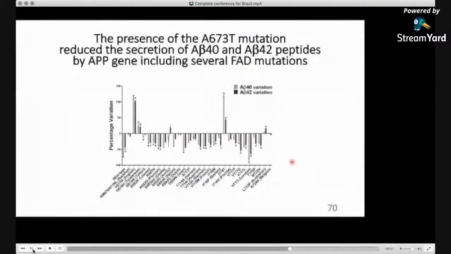Our experiments have shown that the presence of the A673T mutation reduced the secretion of A-beta 40 and A-beta 42 peptide by the APP genes, not only for the wild-type gene, but also for APP genes containing several familial Alzheimer's disease mutations.